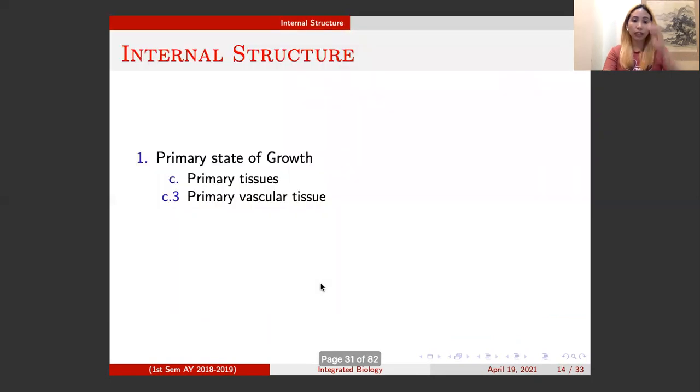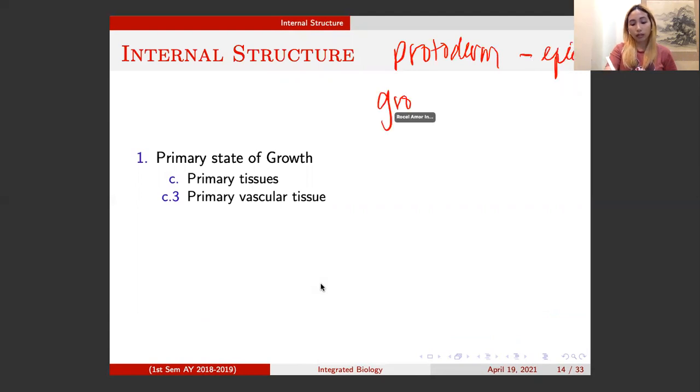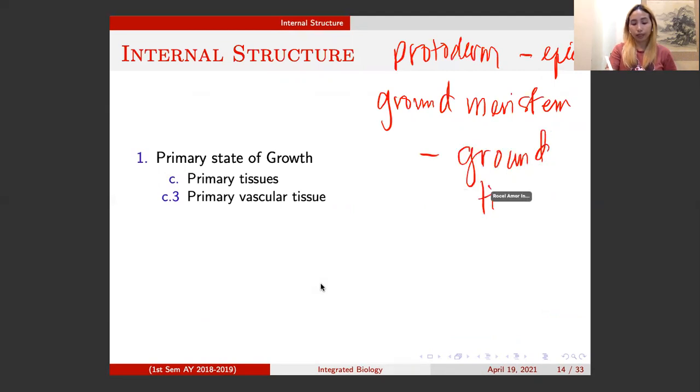Okay, and so after ng ground tissue, so kanina, di ba, we have the protoderm. The protoderm gave rise to the epidermis, and then we have the ground meristem, and that gave rise to the ground tissue. Okay, so the ground tissue can either be cortex or pith, no?